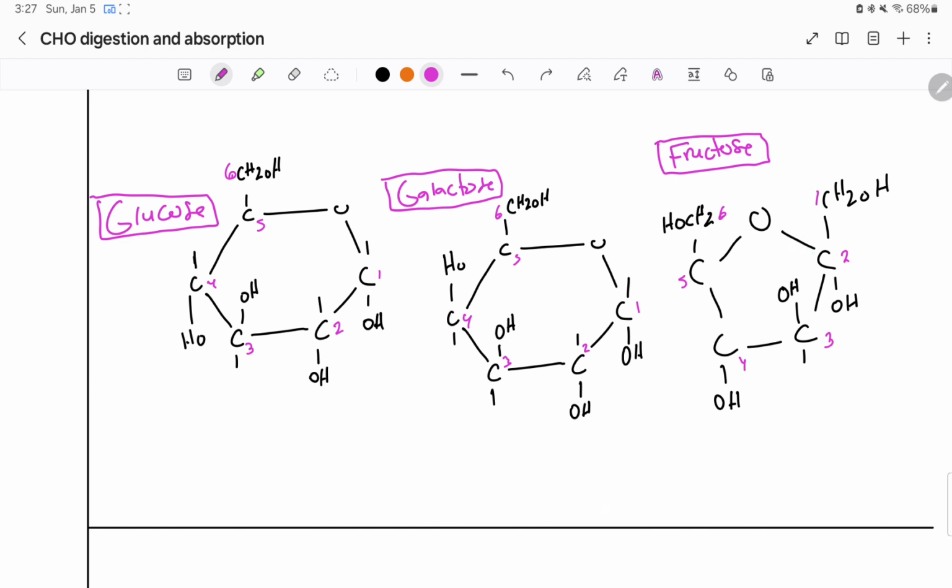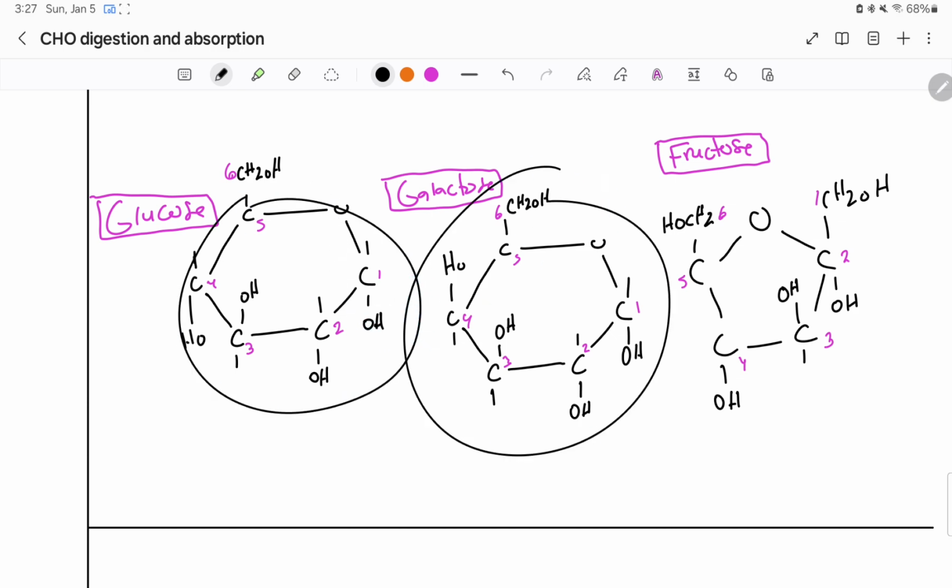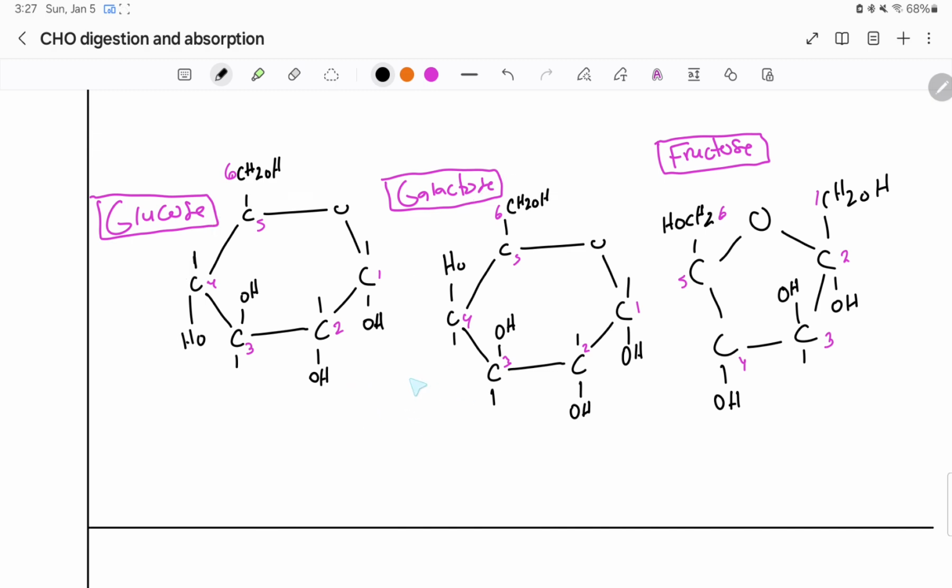Now, galactose and glucose, if you've taken chemistry before, exhibit chirality between them, meaning they are diastereoisomers. What this means is that I can take this one and this one, but I can't superimpose them on one another. If I try to plop this galactose down on the glucose, you can tell they're not the same molecule.